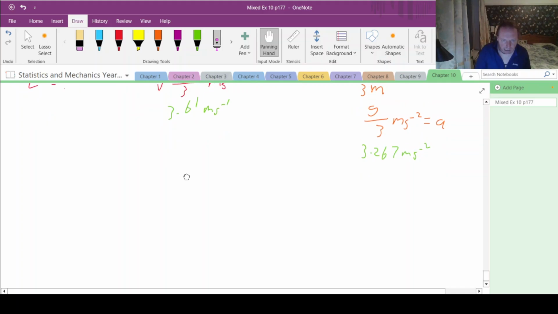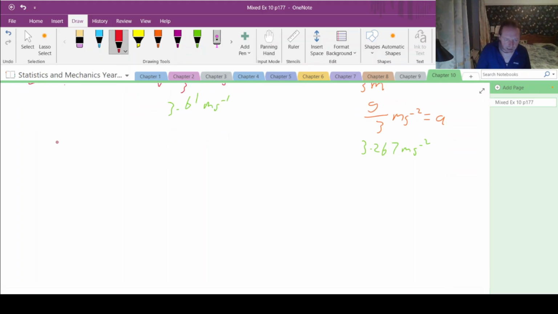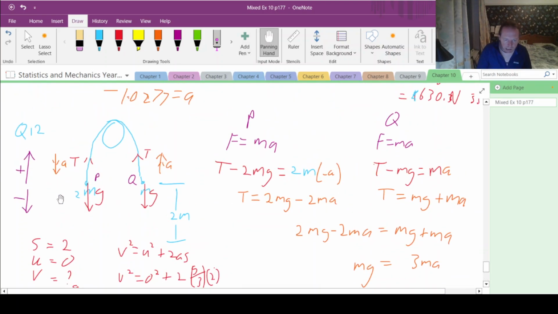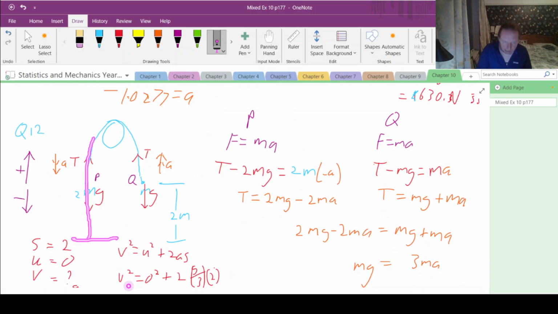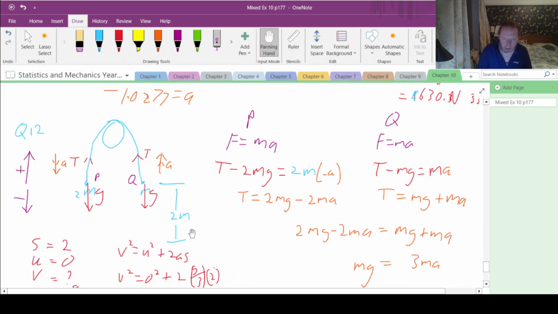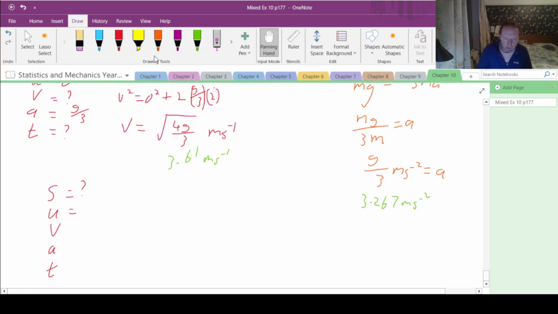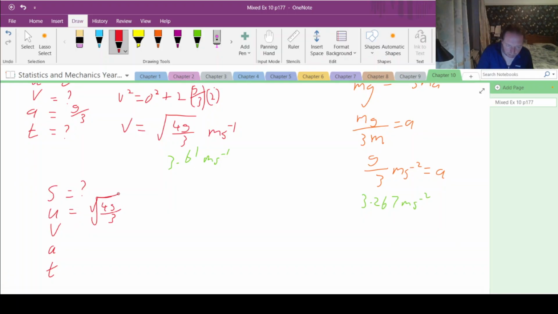So let's think about that again for suvat. We don't know the distance. We do know the initial speed because the initial speed is at the point where this one has hit the ground. So it's got the same initial speed as what we just worked out, which is going to be root 4g over 3. That square root goes across everything.